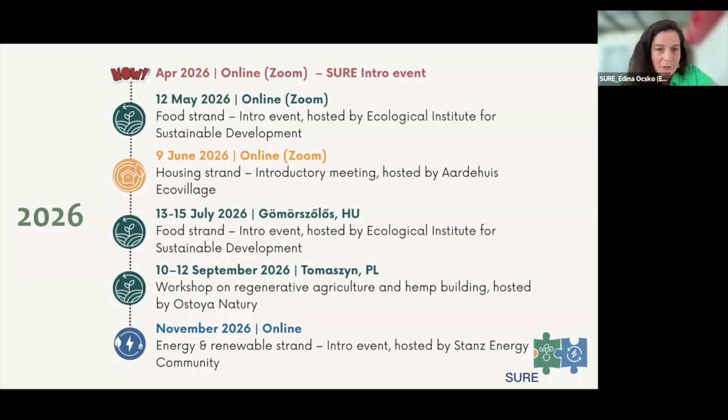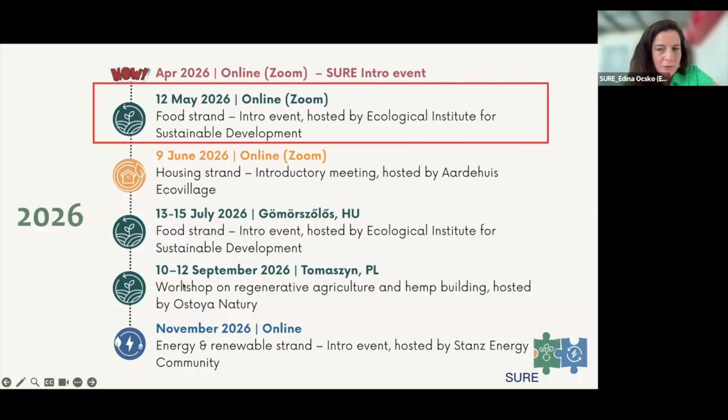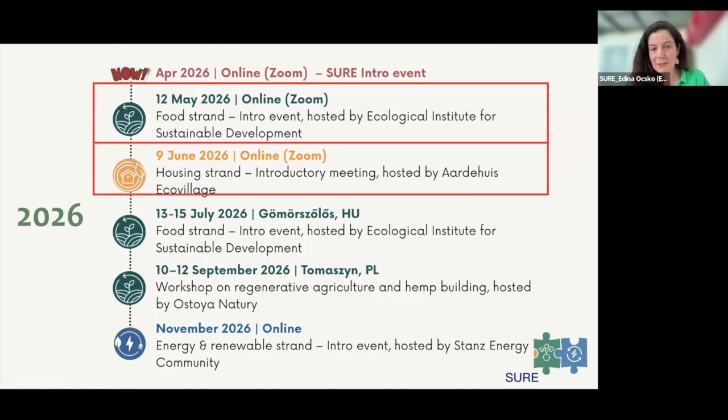So this is the first set of events coming up, and I would like to highlight 2 of those which are very critical and very interesting. The first is on the 12th of May, where we will talk about the food strand, online first, and that will be the introduction of that stream of work. The other is on the 9th of June, which will be the introduction to the housing strand.